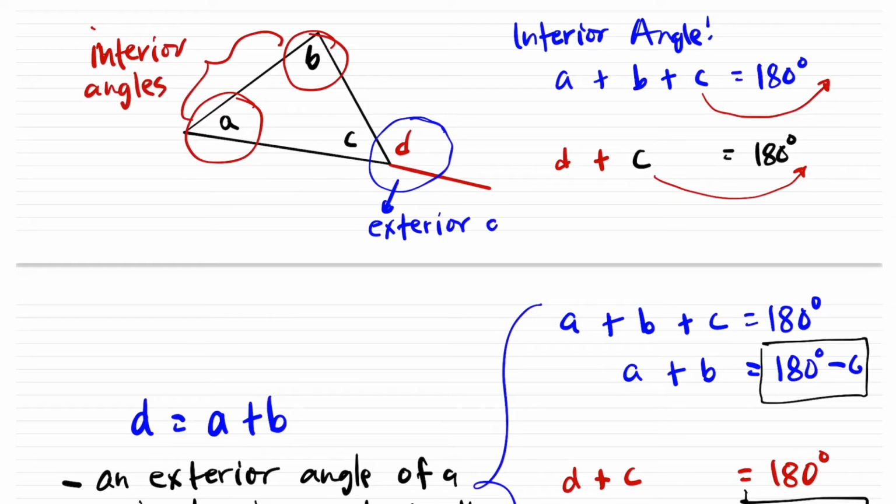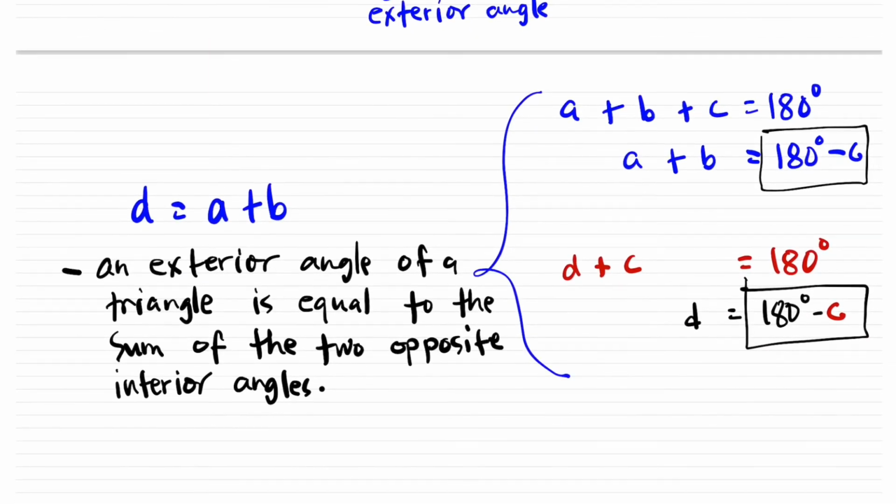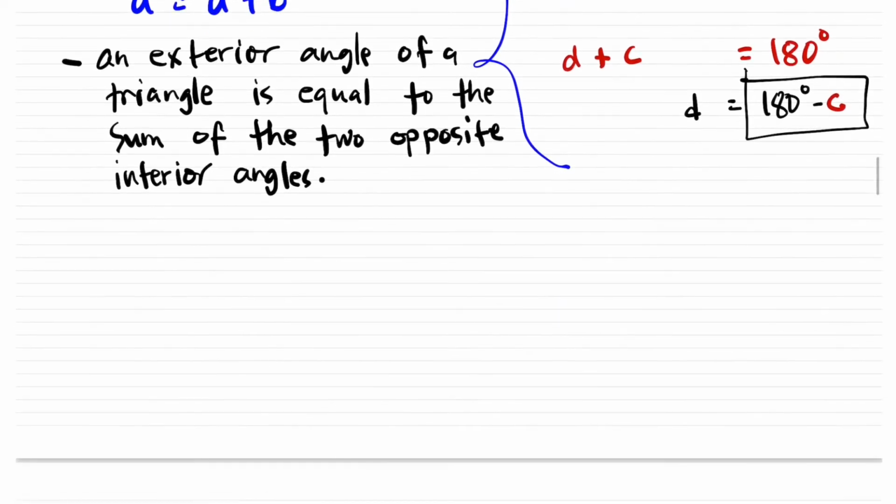Remember that the exterior angle is equal to the sum of the two opposite interior angles. Okay, now let's have an example.